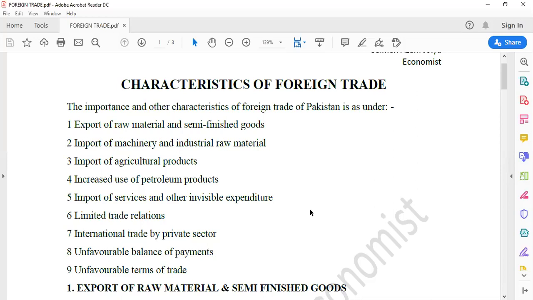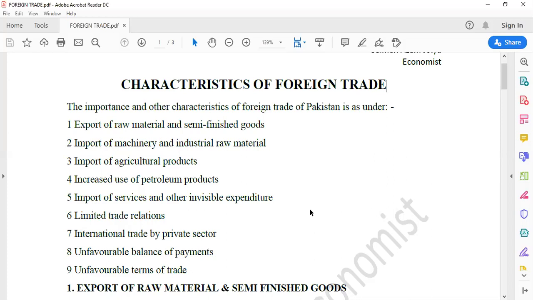First one is export of raw material and semi-finished goods. Pakistan does not export finished products. Pakistan exports raw materials, which are less expensive, which does not give a sufficient export bill.